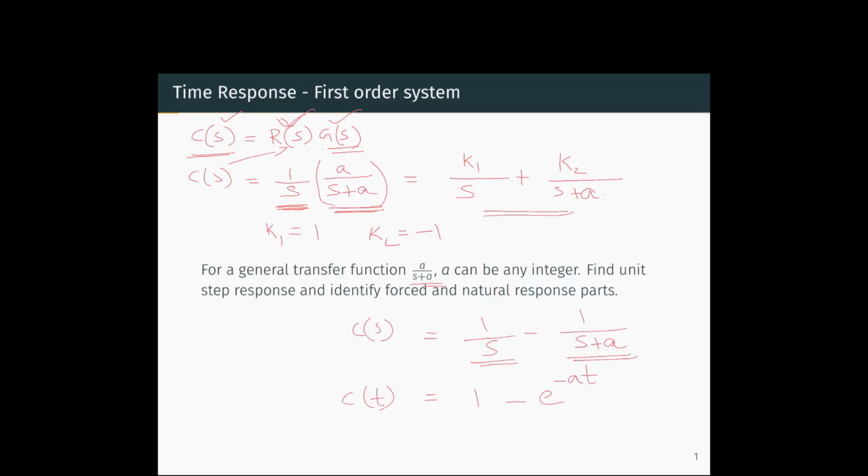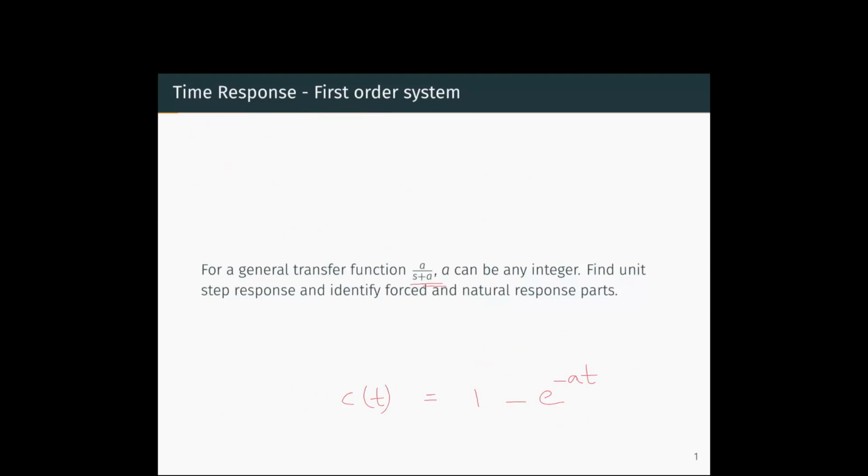After taking the inverse, we can get the time domain. The inverse Laplace of 1 by s is 1 and the inverse Laplace of 1 by s plus a is e raised to minus at. So this is the output response c of t for a unit step input.